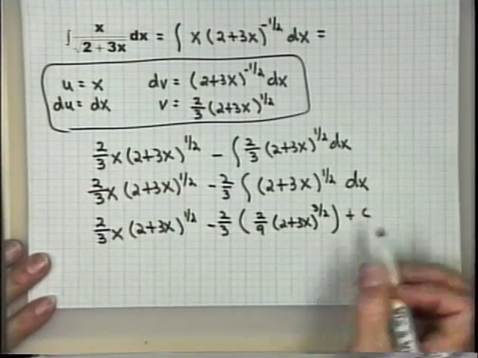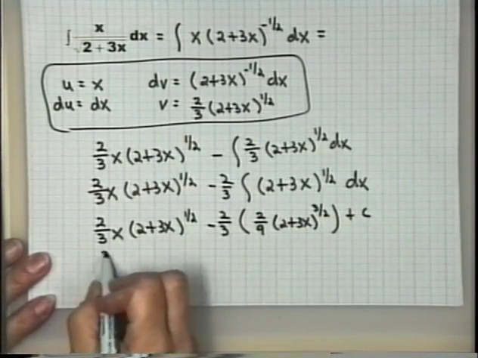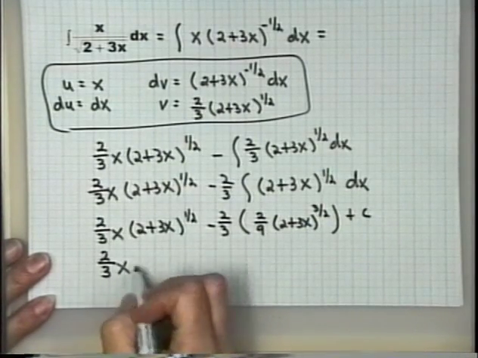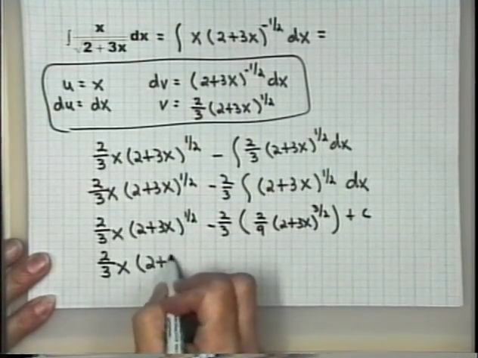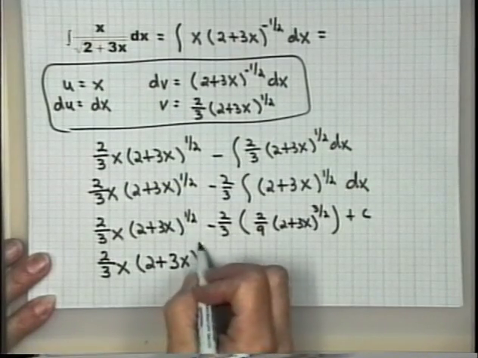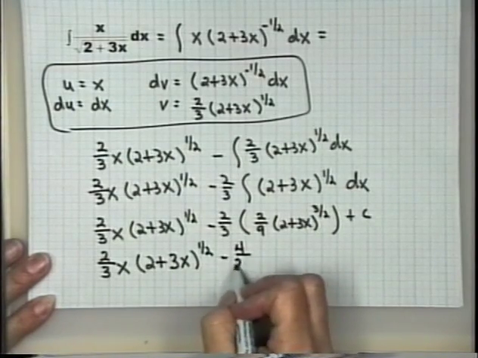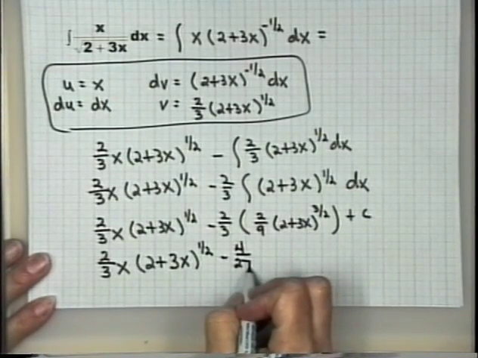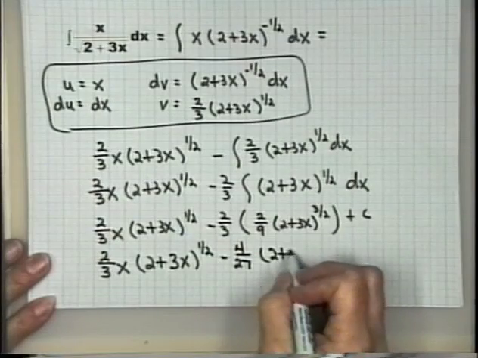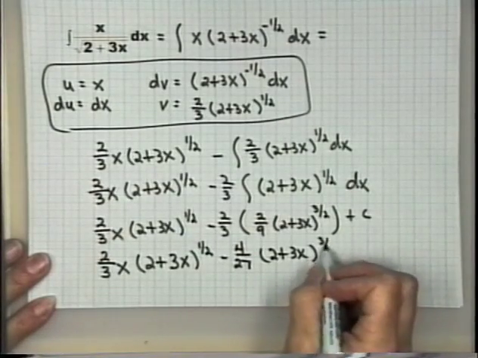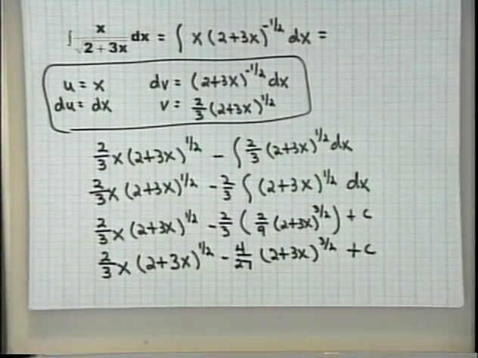We can do our plus c, and then we just need to do a little multiplying here to simplify that coefficient. So we have 2/3 x times 2 plus 3x to the 1/2. This will be minus 4 over 27 times 2 plus 3x to the 3/2 plus c.